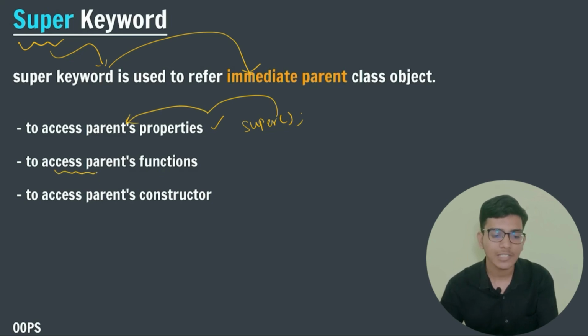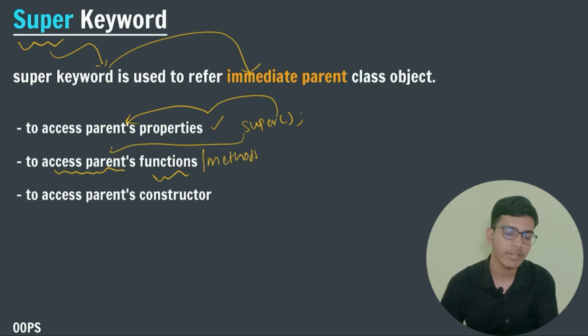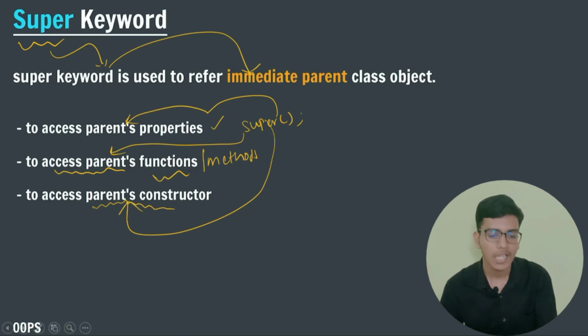After that, to access parent class functions, the methods of my parent class, I will write the super keyword. And if I want to access the constructor of a parent class, then I can write the super keyword and it will access all the things which are there in my parent class. So if I want to immediately access the parent class, then I will use the super keyword.